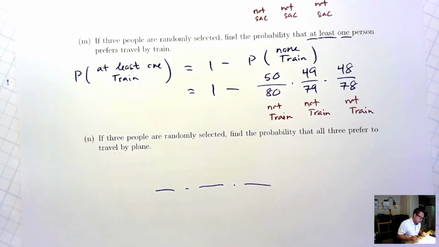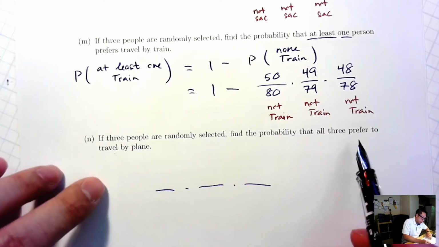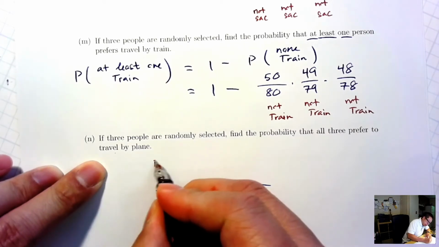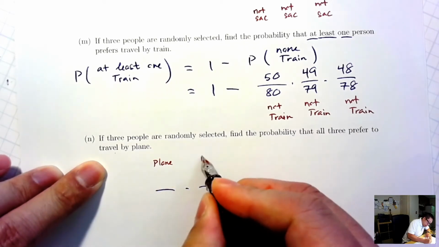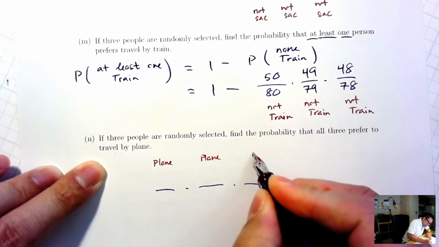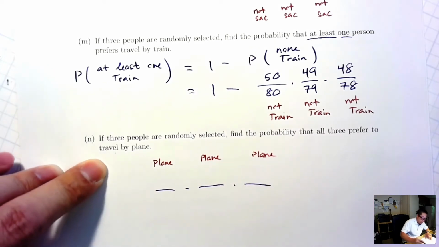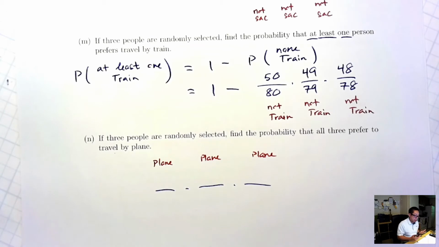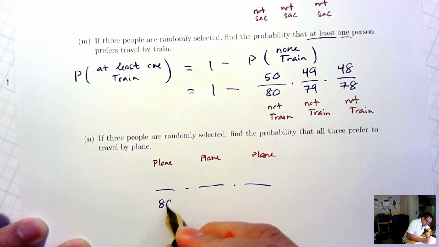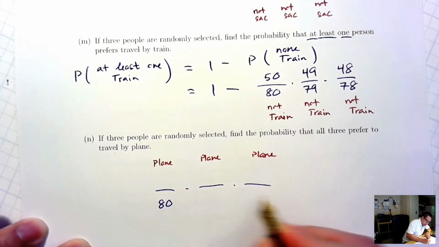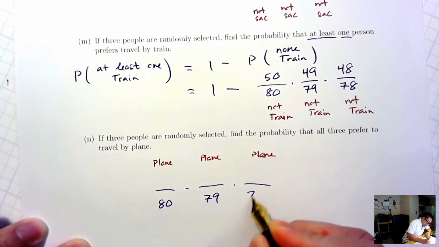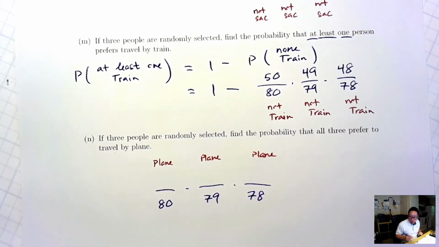And this one I want all three preferred travel by plane. So I want plane, plane, and plane. Okay, so this is just a regular 3-person probability from the previous page. Bottom of the first fraction is going to be 80, the total, and then it's going to go down. Up top, how many people prefer travel by plane?